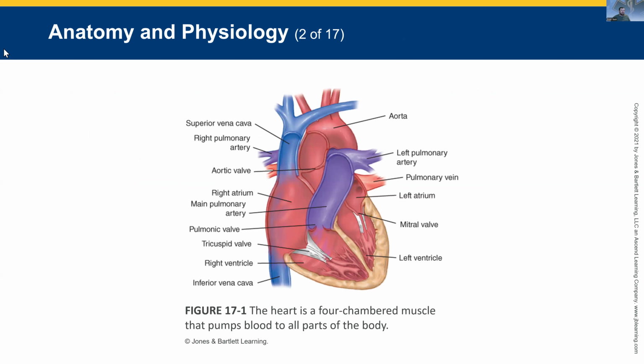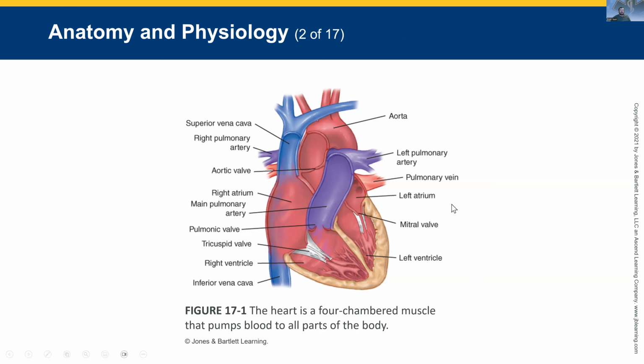So we've got our vena cava, superior, inferior. We have our right atrium, tricuspid valve, right ventricle, pulmonary arteries right here, which go to our lungs.